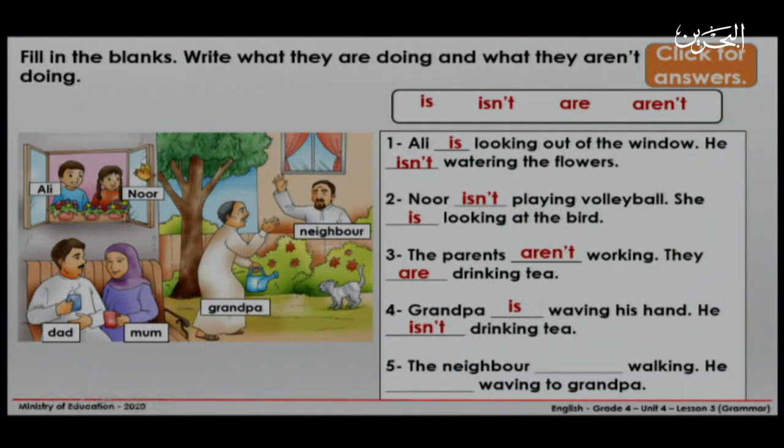Let's read sentence 5. The neighbor walking. Look at the neighbor. Is the neighbor walking? No, the neighbor isn't walking. He waving to Grandpa. He is waving to Grandpa.